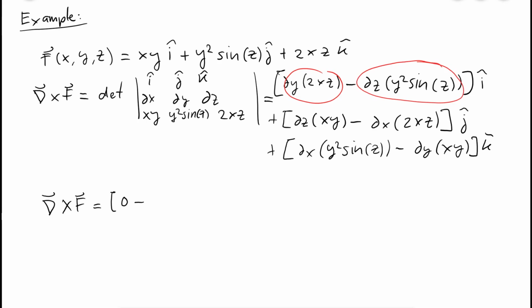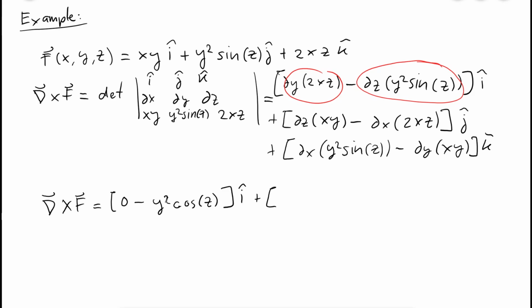You take it as a derivative such that everything that is not z is a constant. So y squared is a constant, and you can take it out. The derivative of sine of z is cosine of z. So this is y squared cosine of z in the i direction.